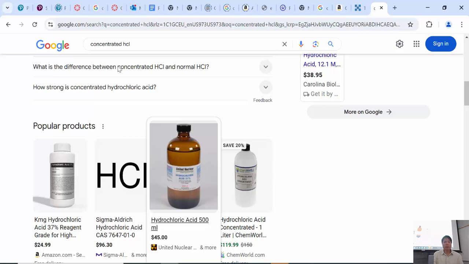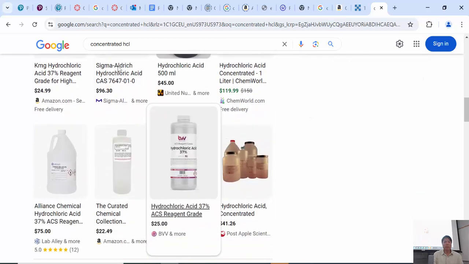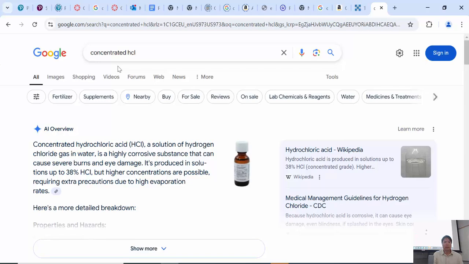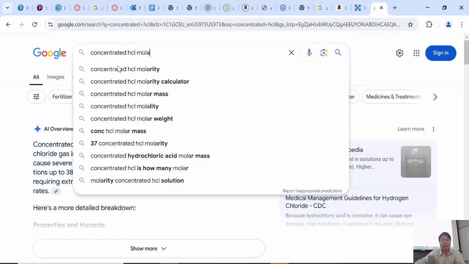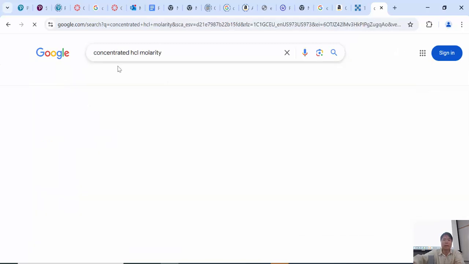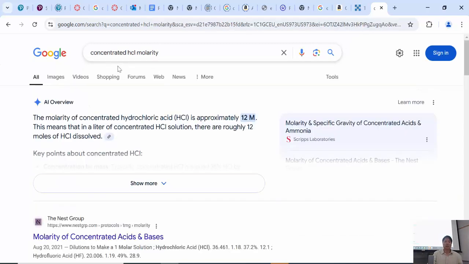They do it by percent by mass, 37% by mass. That's the max usually that we can get. Oh, 12 molar, sorry. What is 18 molar? Sulfuric acid? 12 molar.